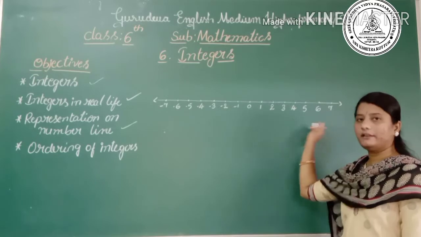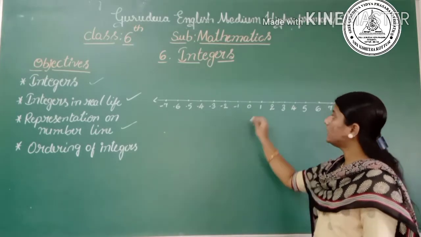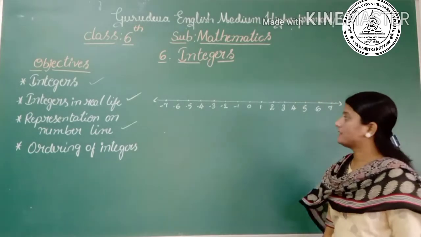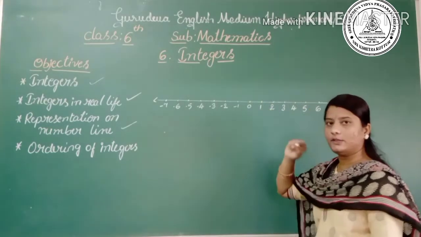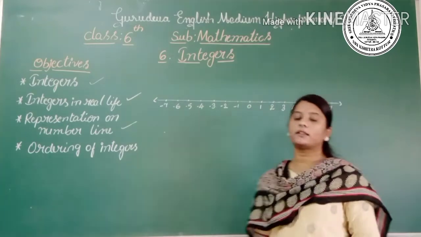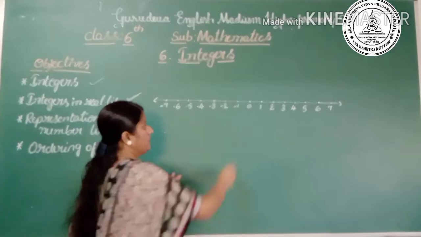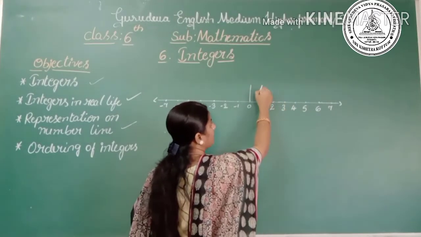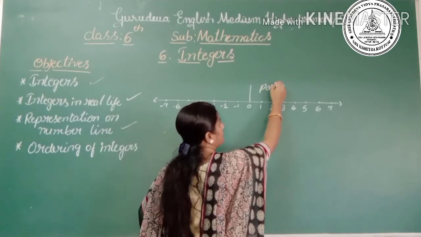See here, I draw a number line and mark the points at the equidistance. So first I mark the 0. Then the right of the 0 I mark the positive numbers.